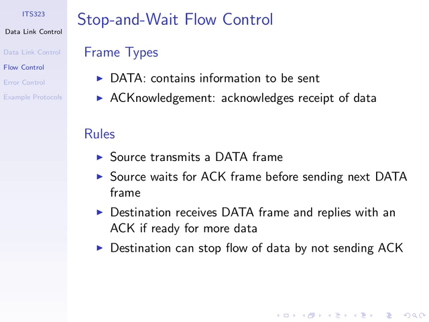But if we receive a data frame and that means our memory is now full, then we do not send back an ACK. And therefore the source cannot send more data and overflow the receiver. So in fact, the destination can stop the flow of data by not sending an ACK. And they're the basic rules of stop and wait flow control.